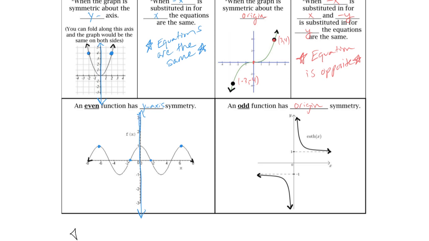So if x-axis symmetry, it is not a function because it does not pass the vertical line test.